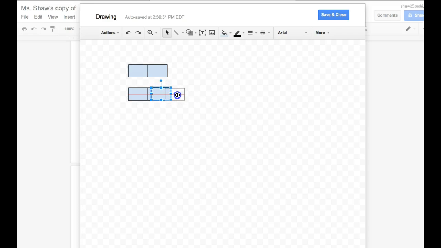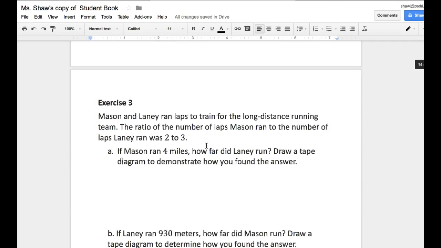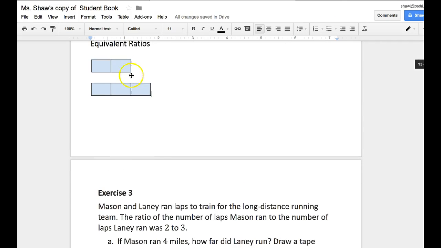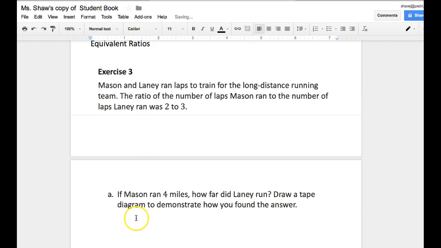All right, so here's our ratio. Let's make our tape diagram match. Yes, so here's our ratio, 2 to 3. We'll put that right in here. Okay. And let's take it and copy it. And put it over here.